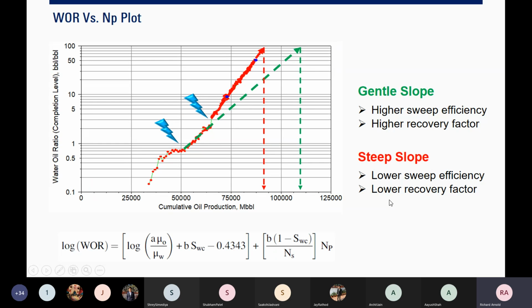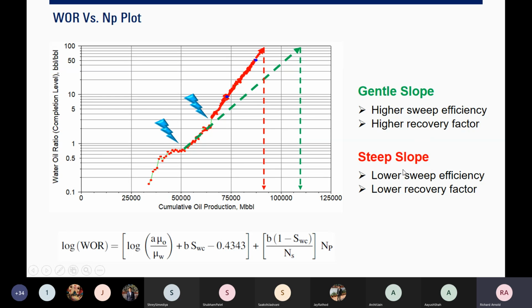Again, you can also construct a water oil ratio against cumulative oil production plot. All right. This is the plot, but analytically you can also construct it by using this equation. Okay, it's actually a linear relationship, a linear correlation. In this plot, a gentle slope means your operation is giving you higher sweep efficiency, higher recovery factor.